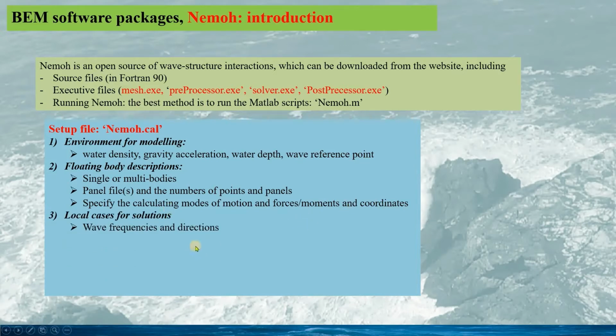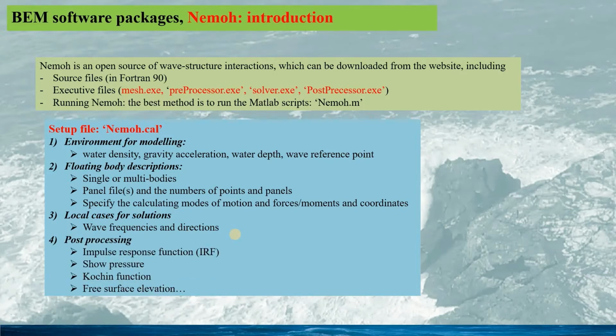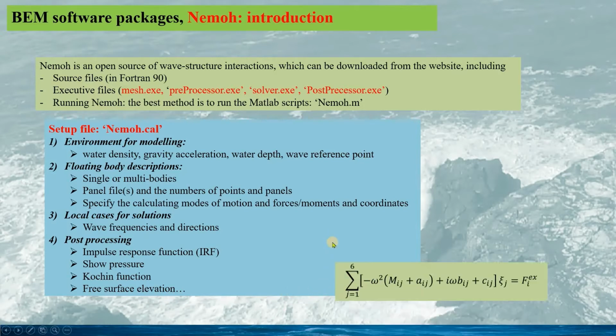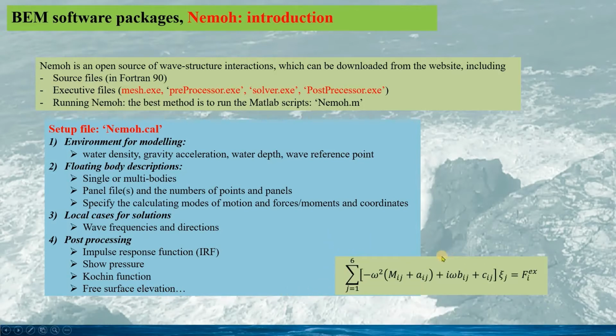For the cases for solutions, the inputs include the wave frequencies and the wave directions, and the parameters for post-processing, to calculate the impulse response function, IRF, to calculate the pressure, to obtain the Kochin function, to get the free surface elevation, etc. So generally for wave structure interaction, we have the linear dynamic equation for the rigid body.